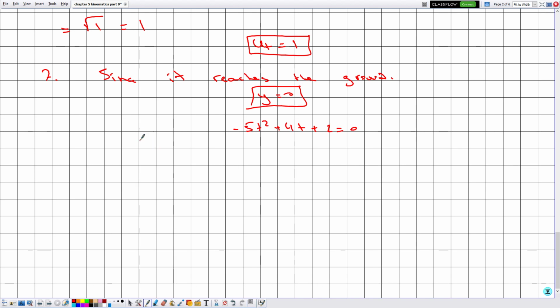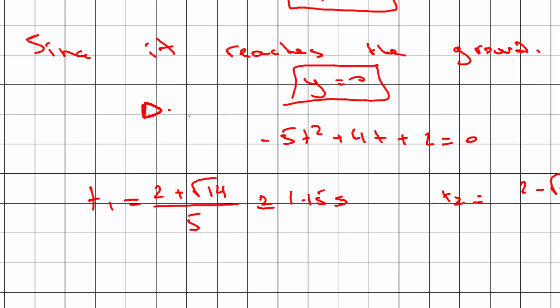we get that the first root is t1 equal to 2 plus the square root of 14 divided by 5, and the decimal form is approximately equal to 1.15 seconds. As for t2, which is given by 2 minus radical 14, here you can solve this explicitly by determining the discriminant delta.